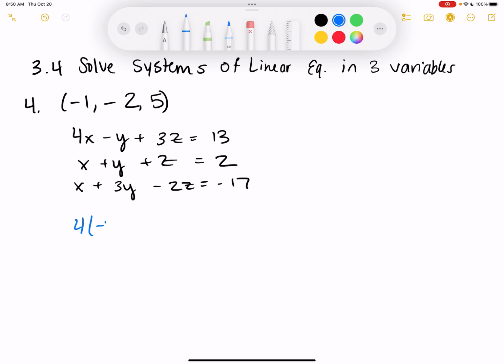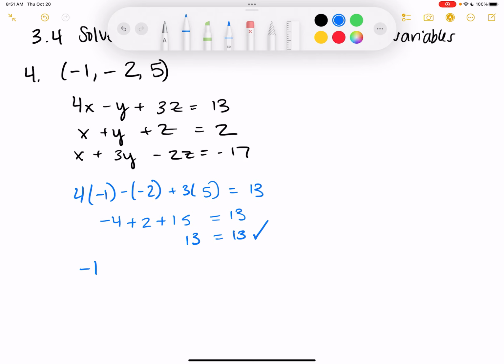4 times -1 minus -2 plus 3 times 5 equals 13. So this is -4 plus 2 plus 15 equals 13, so 13 equals 13, so that one works. Then the second one: -1 plus -2, so -2, plus 5 equals 2.